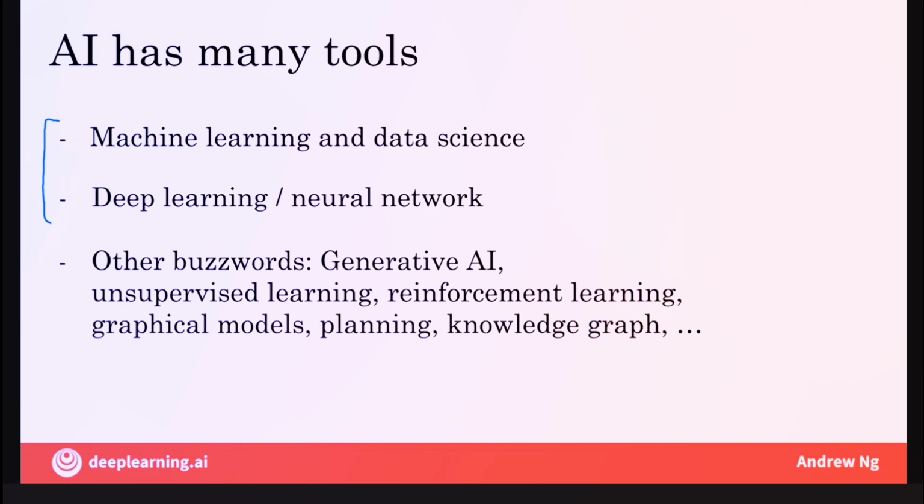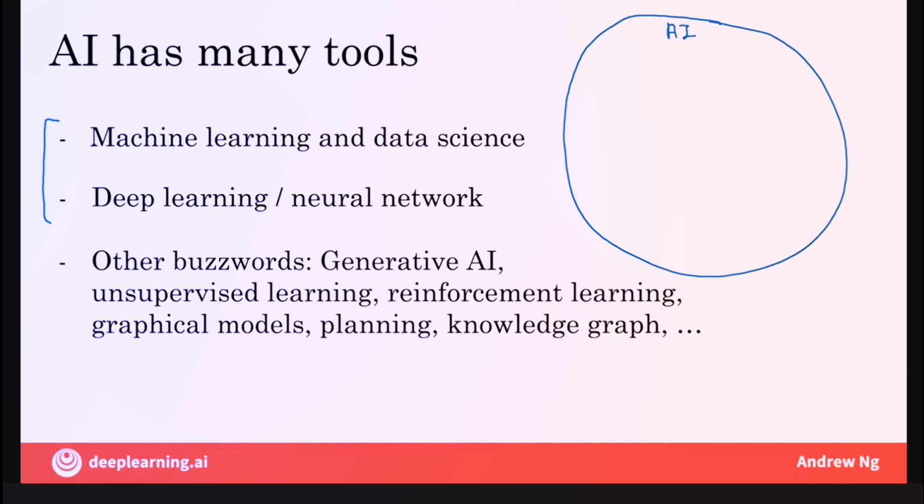If we were to draw a Venn diagram showing how all these concepts fit together, this is what it might look like. AI is this huge set of tools for making computers behave intelligently. Of AI, the biggest subset is probably tools from machine learning, but AI does have other tools than machine learning, such as some of these buzzwords listed at the bottom.